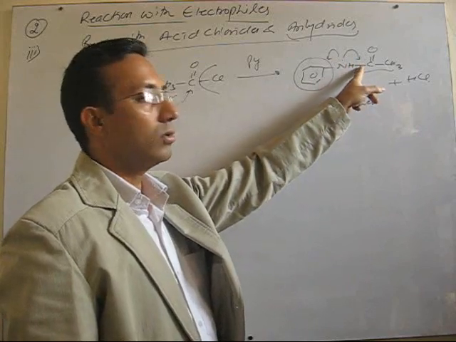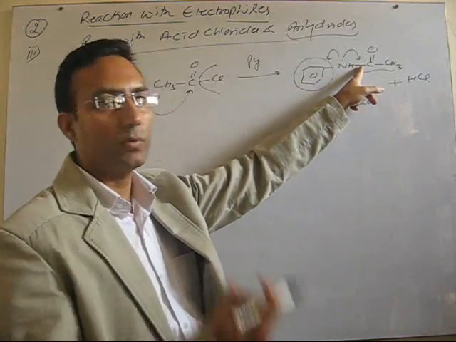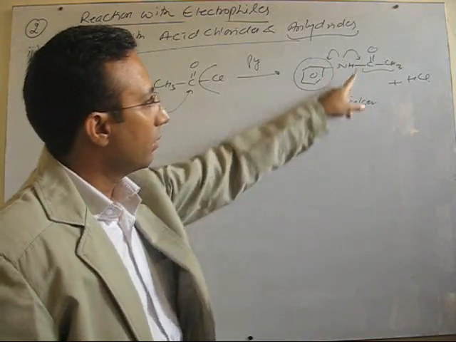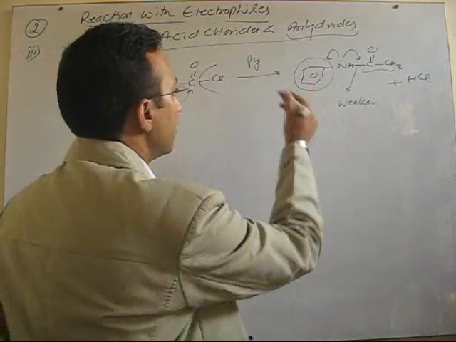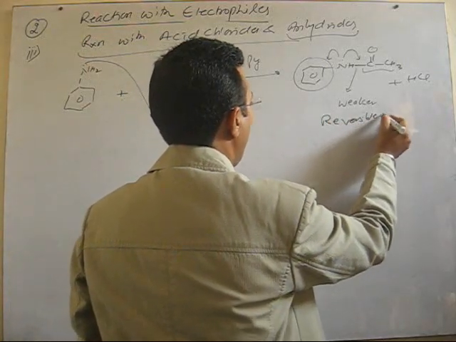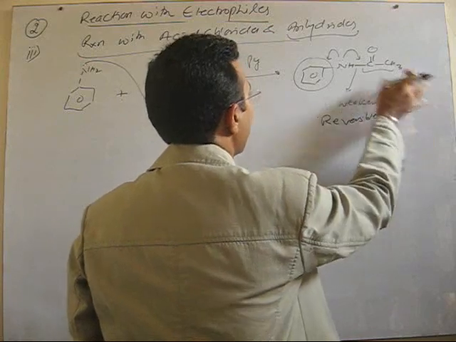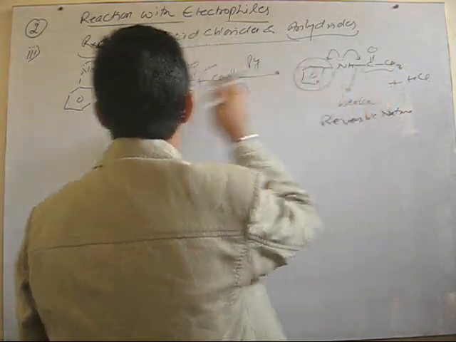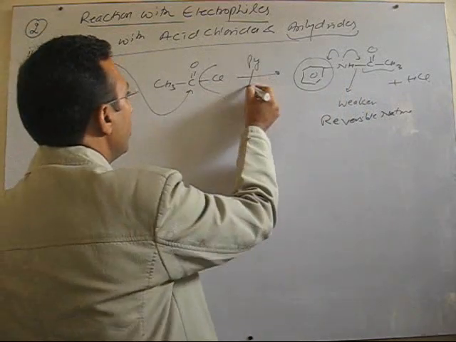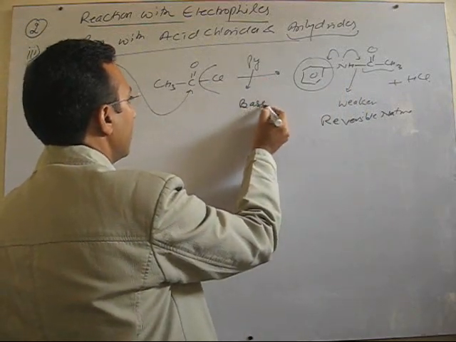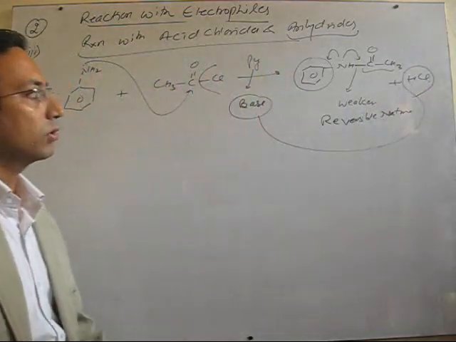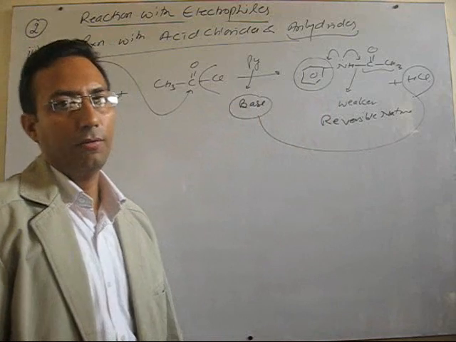So this bond is not as strong as it was when you had methyl or alkyl groups, right? So being a weaker bond, this reaction has a reversible nature. That is, HCl reacts back, breaks this bond again to give you the reactants back. So for that purpose, you need a base here which will react with HCl and remove it, so that the reaction remains only in the forward direction.